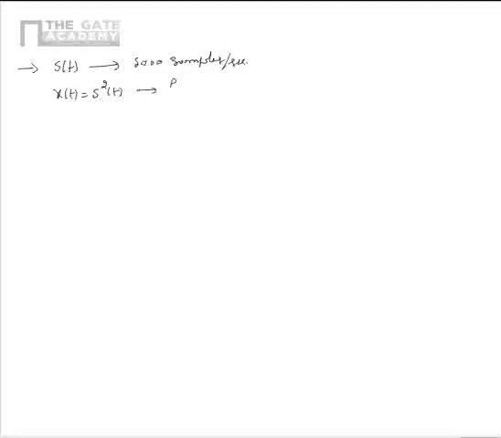We need to find the Nyquist sampling rate of this signal. From the given data, we see that the signal s of t has a frequency of 2.5 kHz. From this, we can say that x of t is equal to s square of t has a bandwidth of fx is equal to 5 kHz.